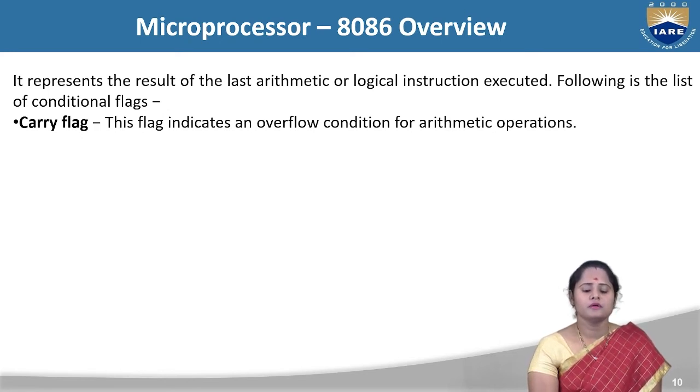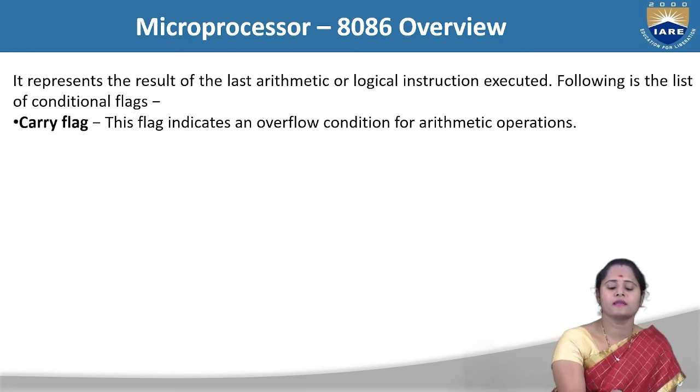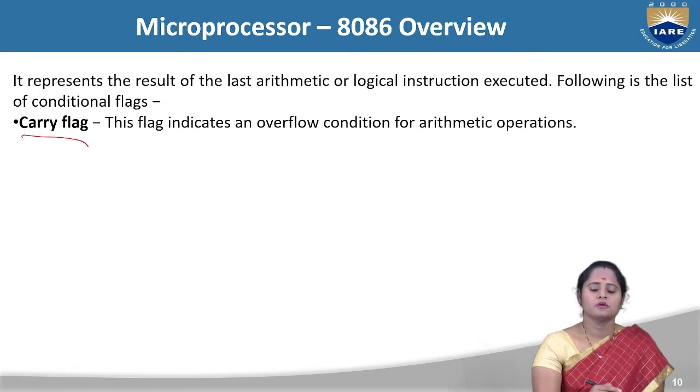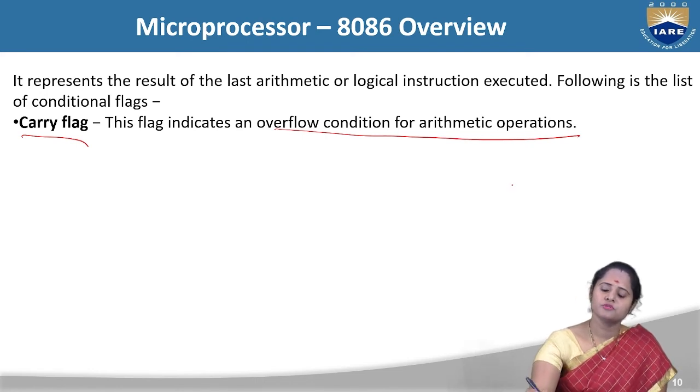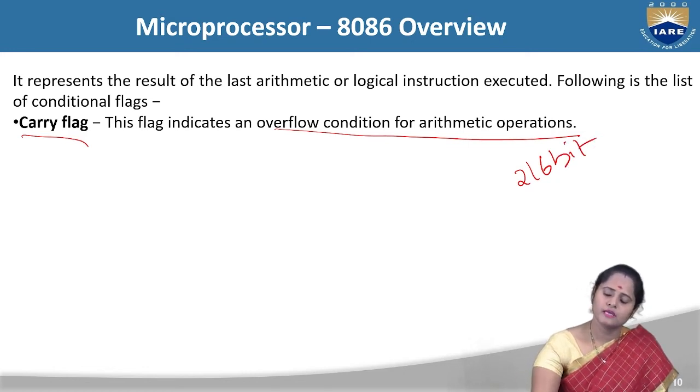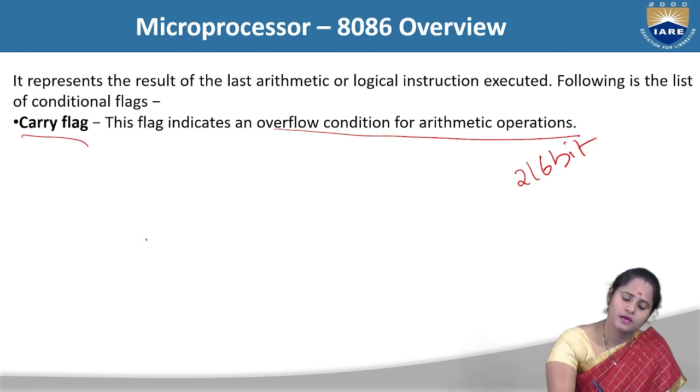In the conditional flags, we have first the carry flag. The carry flag indicates an overflow condition for an arithmetic operation. Suppose we are adding two 16-bit numbers. For example, let us take 5, 2 and 3, 4 and write the binary of this.